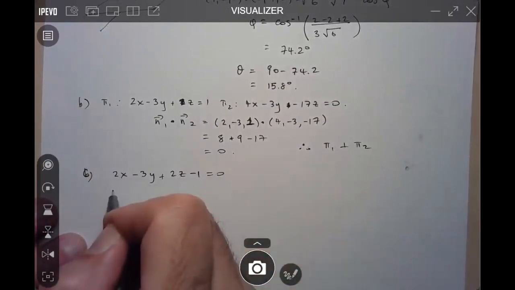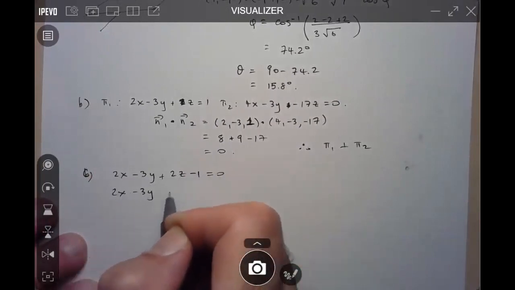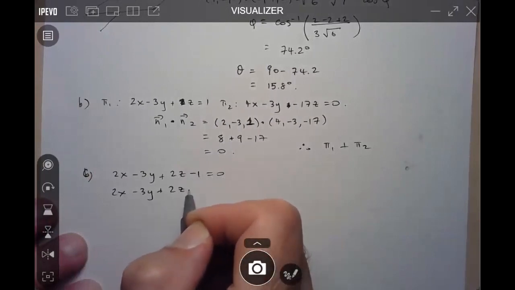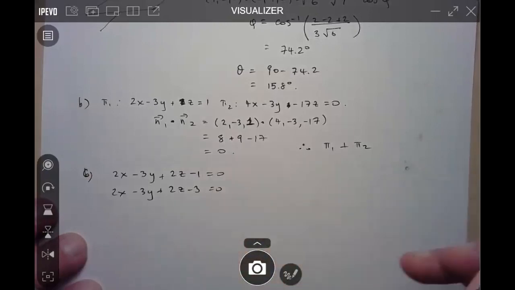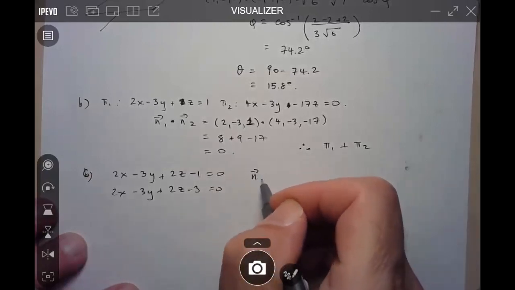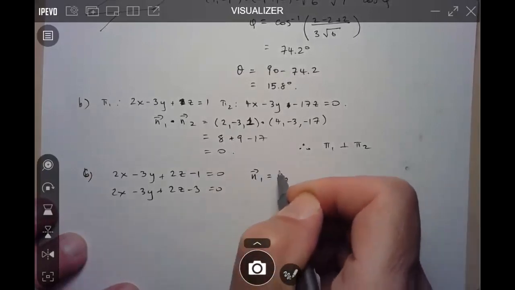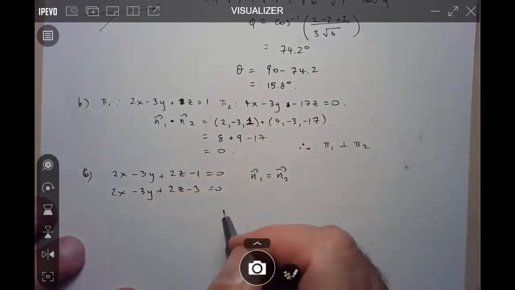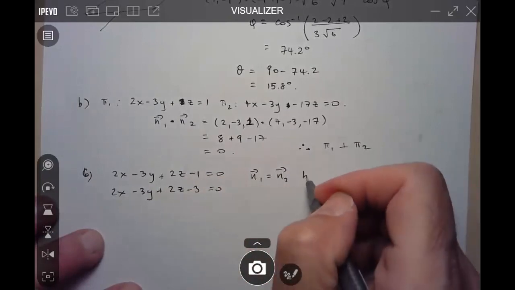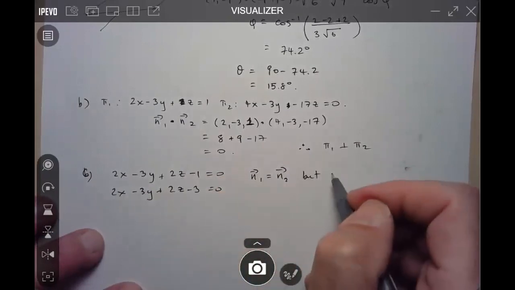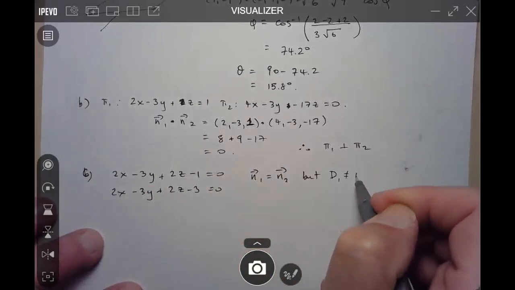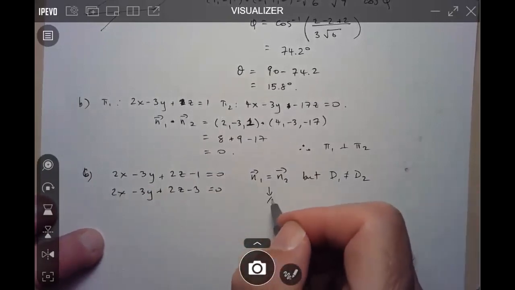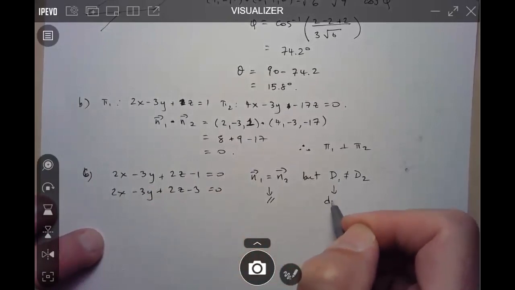And here we have 2x minus 3y plus 2z minus 3 equals 0. So here we have that n1 is equal to n2 because the two normals are exactly the same. They're not even scalar multiples. They're exactly the same. But we see the d values are not equal. So therefore parallel, but this means distinct.